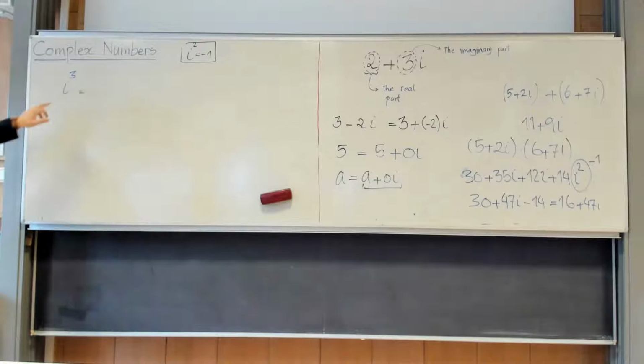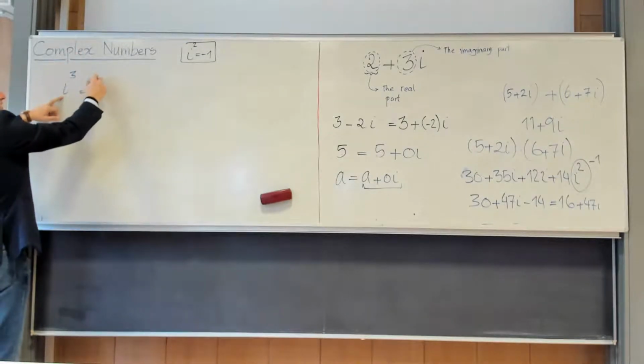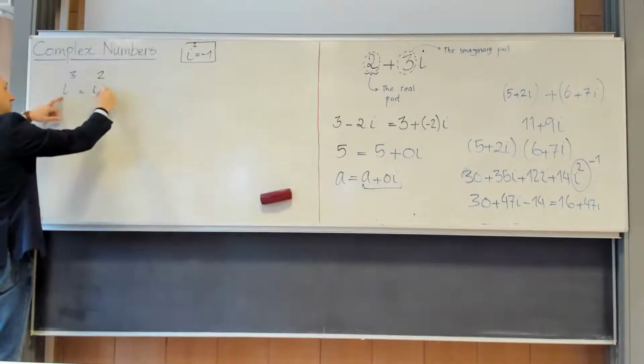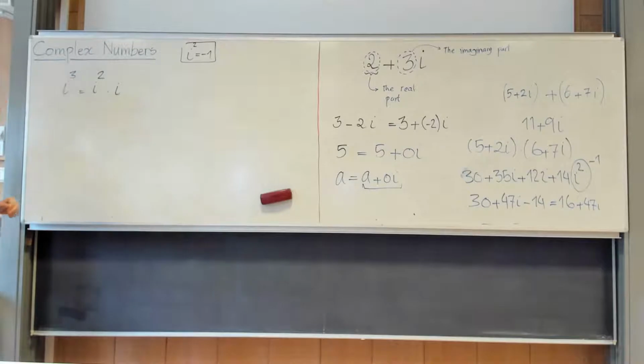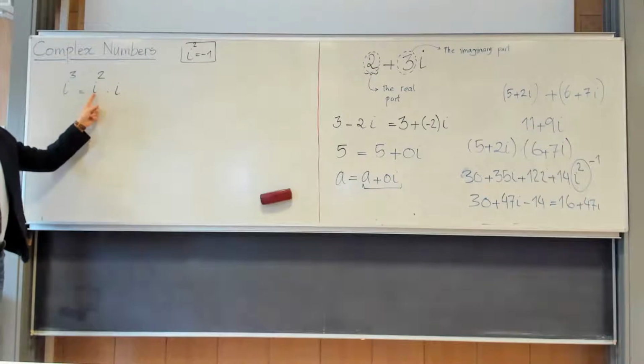For example, everyone, based on the previous rules, knows that i to the power of 3 can be written as i to the power of 2 multiplied by an additional i. Is that understandable? If you ask me why, because I told you I want to keep the rules the same. Okay, but now I can write -1 for this one.